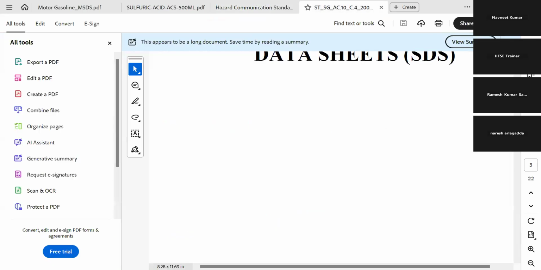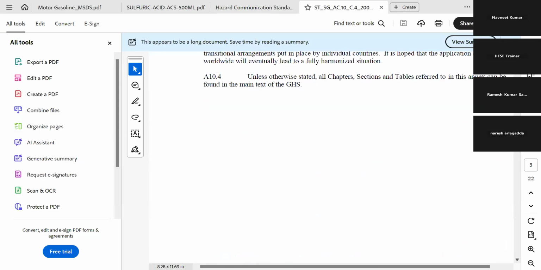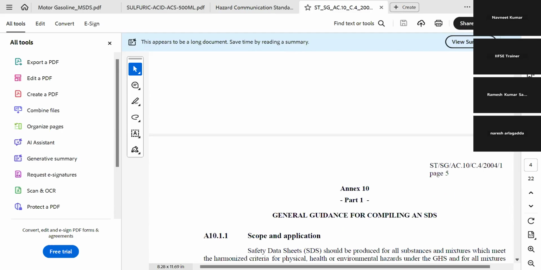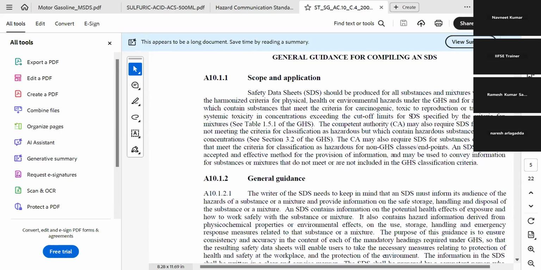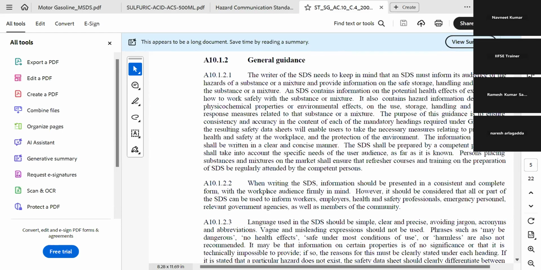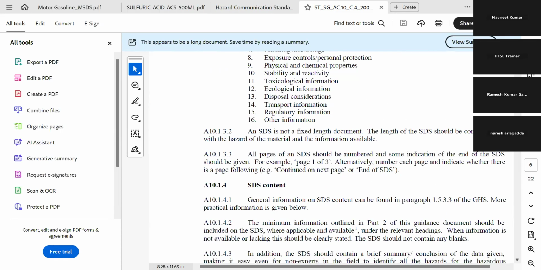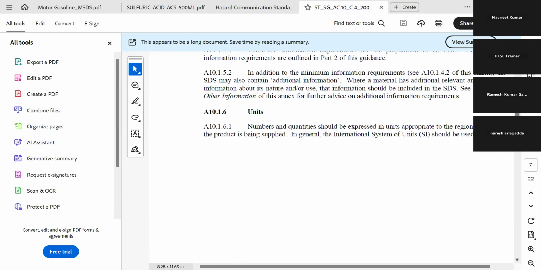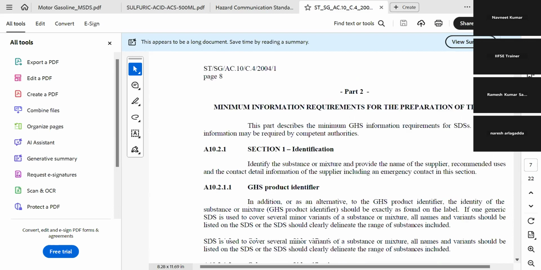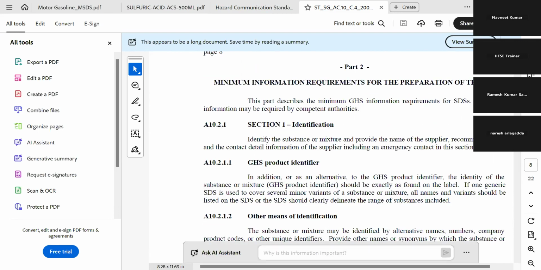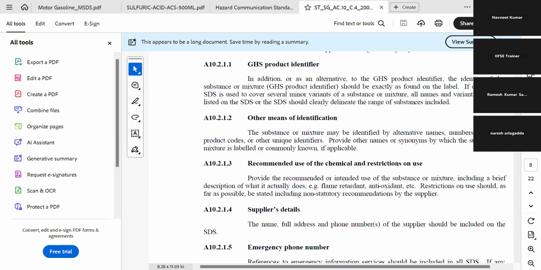And if you see, UN also has the same 16 sections. One second, I'll just go there. Yeah, see section 1. It also talks about the identification.